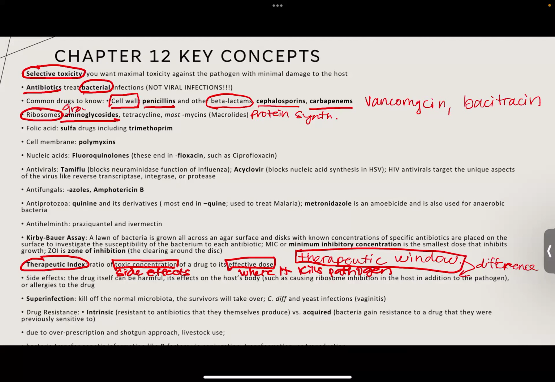This is a group, like the beta-lactams is a group. We water it down and say the -cillins, but the beta-lactams is a group of antibiotics that affect the cell wall. Aminoglycosides are a group of antibiotics that affect the ribosomes. This also is a category that would include tetracycline, glycylcycline, cyclins in general.